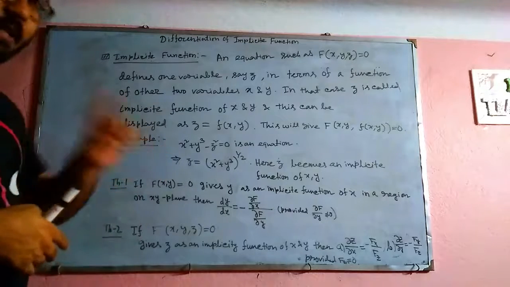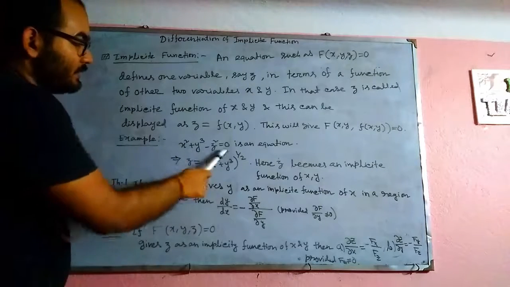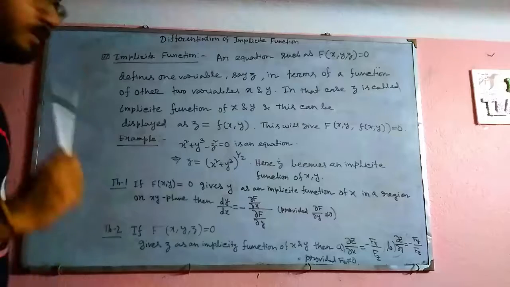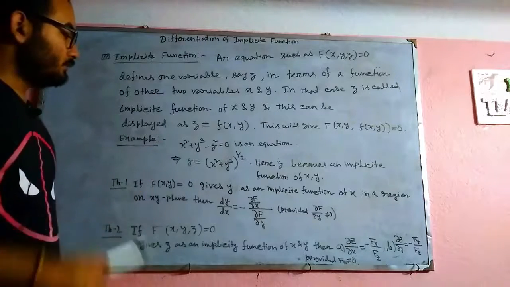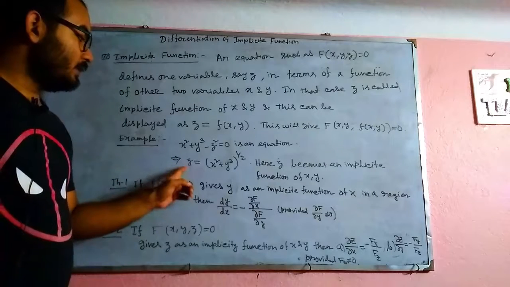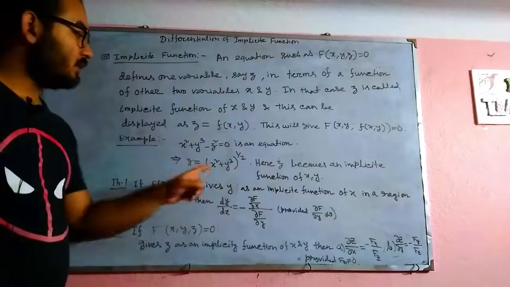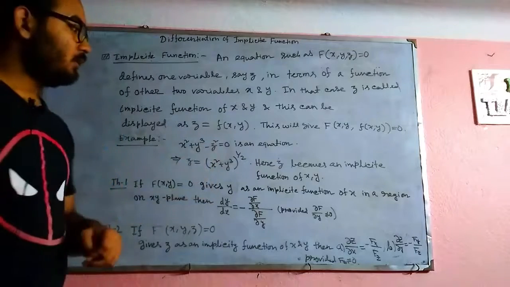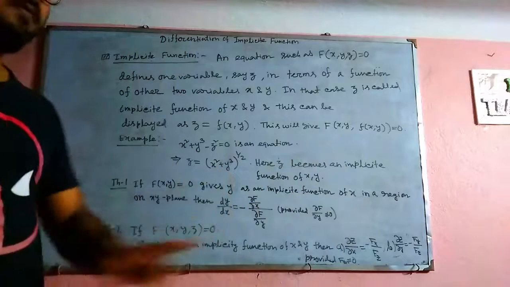Now here is an example. This is a function of three variables, x, y and z. See, z can be written as an expression of x and y. So z becomes an implicit function of x and y.